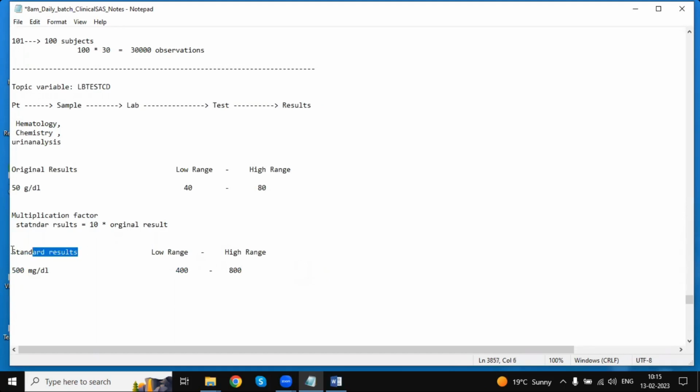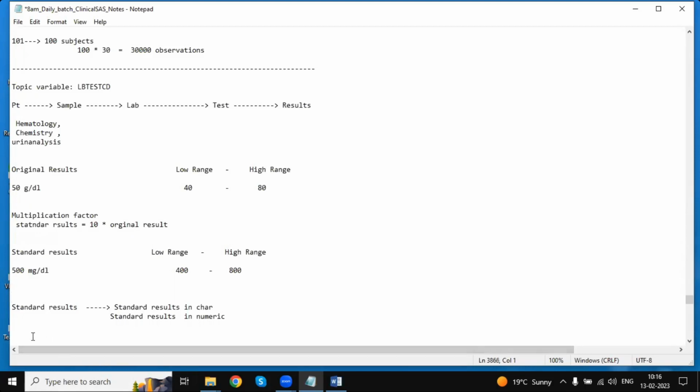And the standard results also we will capture as two variables: standard results in character data type, and standard results in numeric data type. Clear?